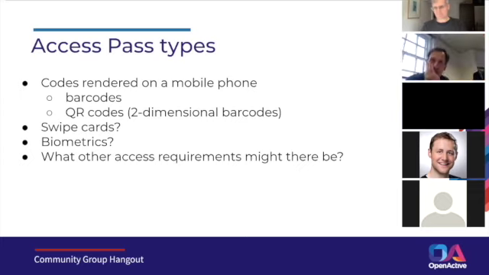I'm actually just going to point first of all at Stephen, because I know he needs to be off fairly soon. So Stephen, would it be possible for you to just summarize where your concerns are around access passes? I think from an operator perspective, we have always had one major concern, and that is that whatever access pass type is used, it's got to be secure.